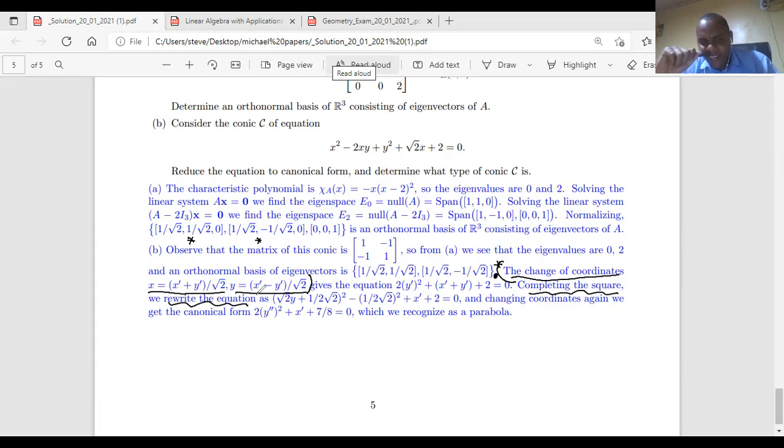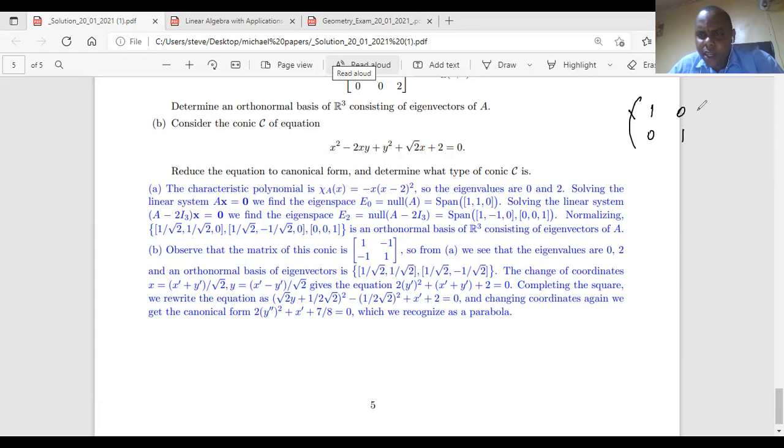Oh, okay, let's see. Oh, I see why. You see the basis that we were working with for X and Y, it was the usual basis 1, 0, 0, 1, right? So I think it's just adding. For example, if you do 1 over root 2 plus 1 over root 2. I think this change of basis depends on the new basis that we form.